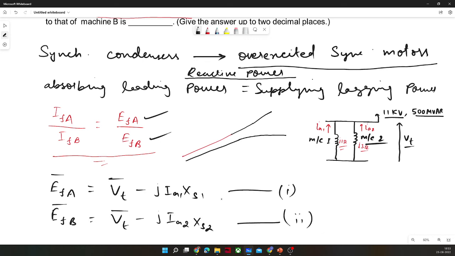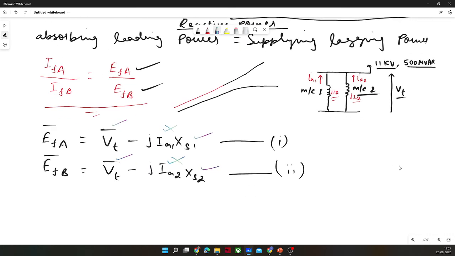Now, XS1 is given, XS2 is given, VT is given. IA1 and IA2 are not given, but it is mentioned that both are equal. Now we have to calculate IL. We can calculate IL because these two parameters are given.